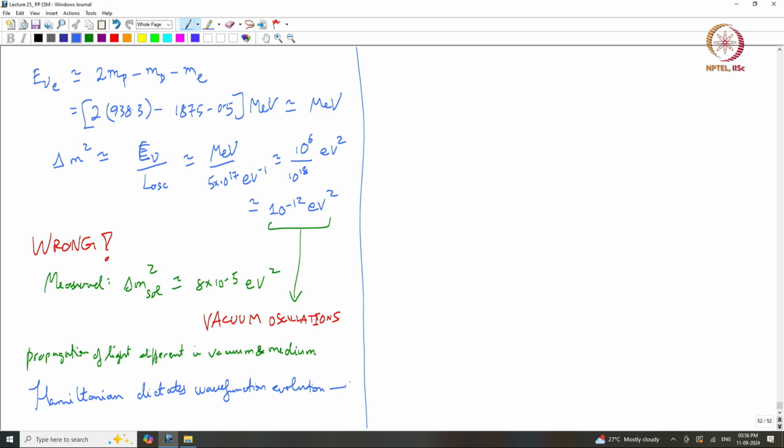So I am going to say the Hamiltonian is modified in the presence of some medium, and that medium in this case relevant to us would be a non-relativistic electron background.